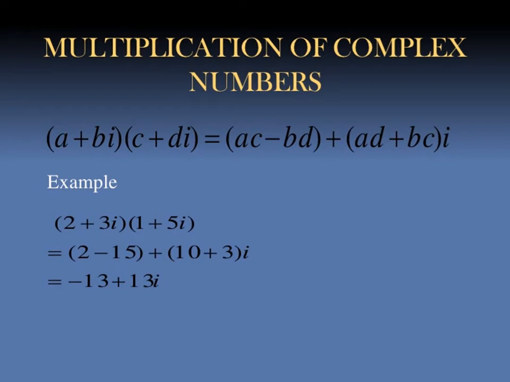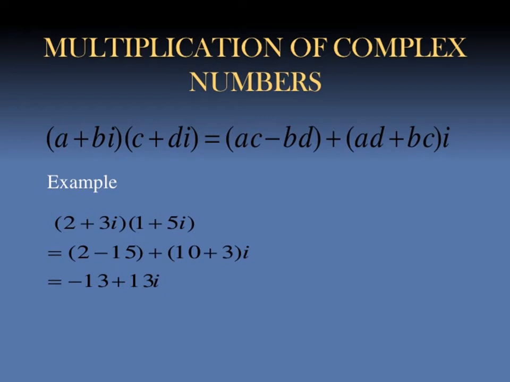Let us see an example. The first complex number is 2 plus 3i in the first bracket. In the second bracket, we take the second complex number, 1 plus 5i. We multiply these two complex numbers: multiply the first element of the first bracket with the second bracket.